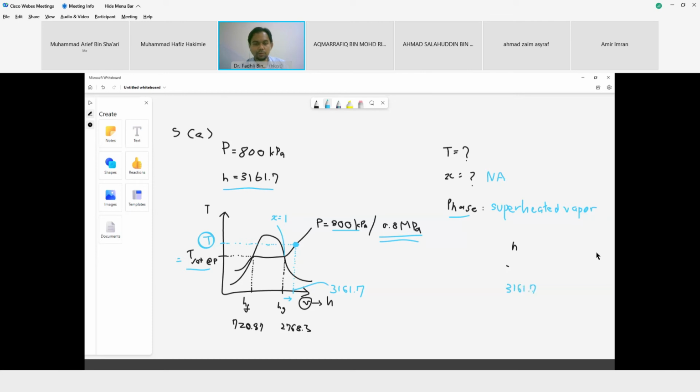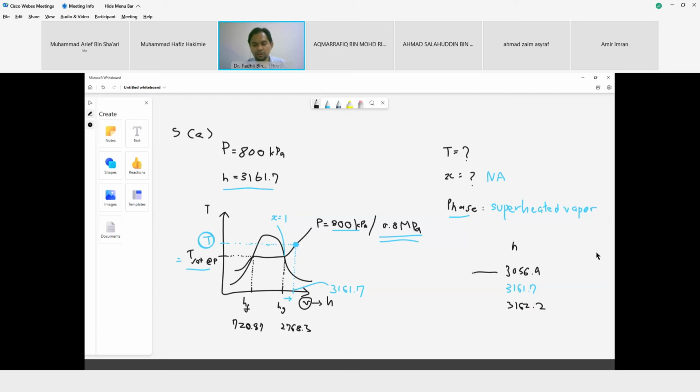The nearest values of enthalpy are 3056.9 and then 3162.2. Okay.